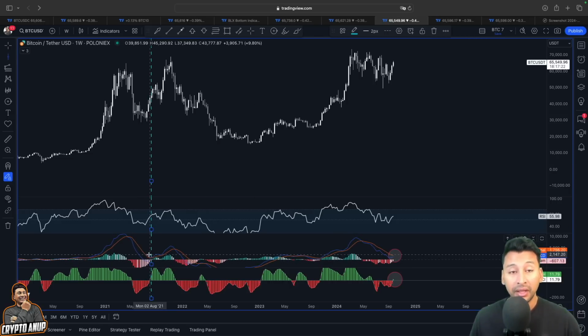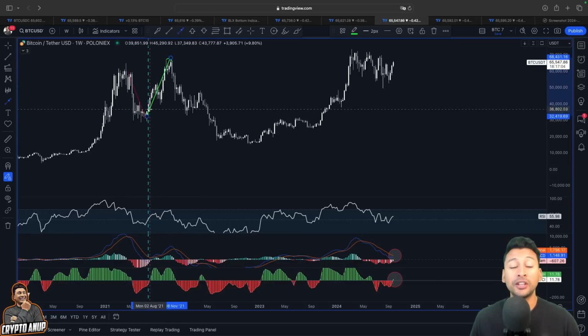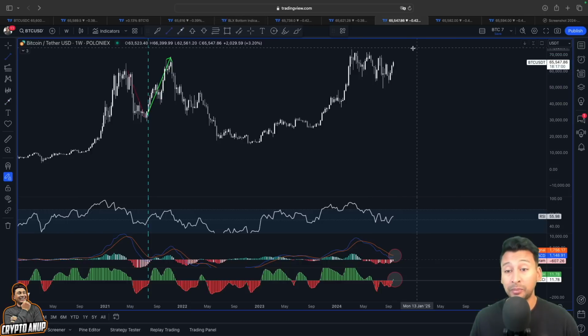MACD had a bullish cross. Before that, we started seeing this RSI line above 50, right? And T3CCI also appearing in a positive territory, which resulted in a very, very bullish move, and price was also able to form a new all-time high. So I am actually expecting a similar move to play out here as well.